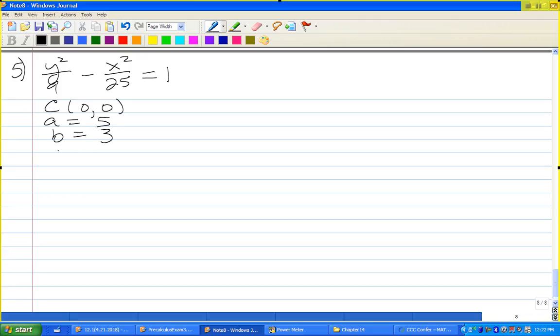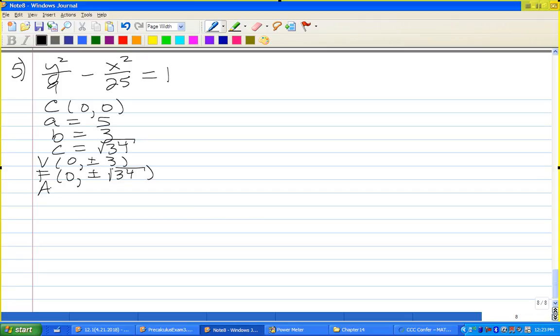B is 3. 9 plus 25 is 34. So C is the square root of 34. The vertices are at, the y is positive, 0 plus or minus 3. The foci are at 0 plus or minus rad 34.